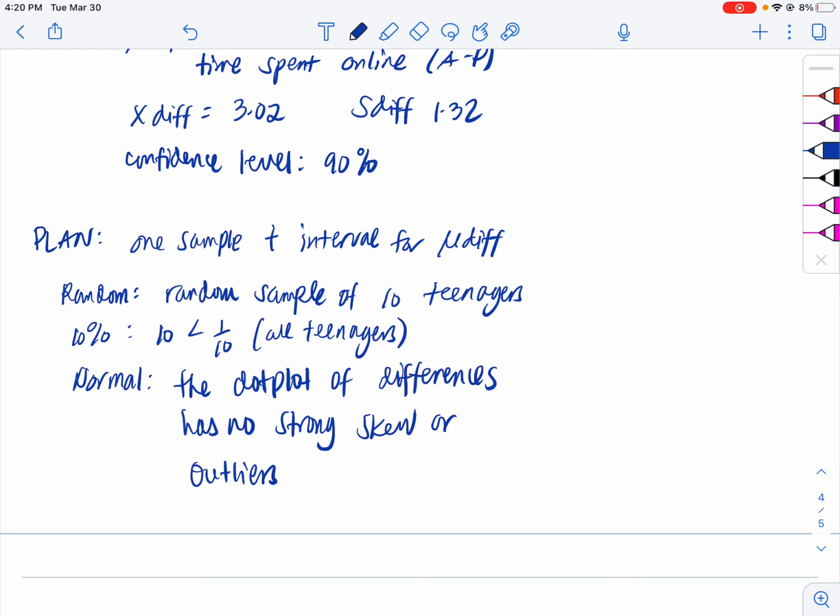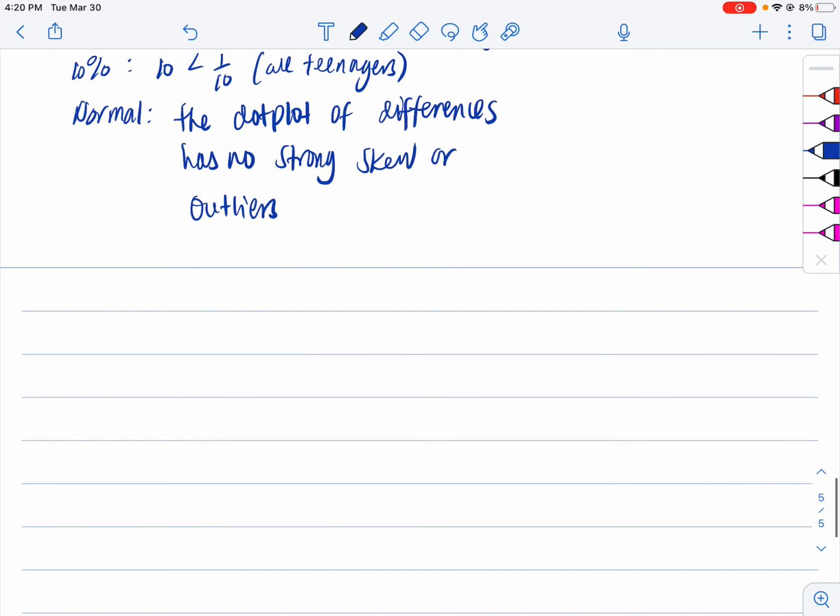Okay, what else? Let me solve that. I'm not going to put the general formula and all of those. I'll just put the specific. s diff over square root of n.